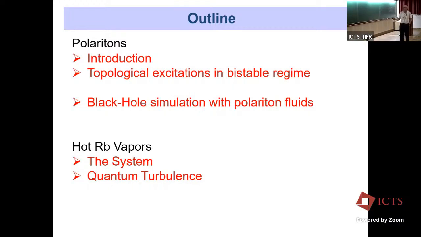Then I will show how with this polariton fluid it is also possible to build up an experiment to simulate a black hole, hopefully to observe Hawking radiation. And if I have time, in the last part of the talk, I will describe our recent experiment in a hot rubidium quantum fluid of light showing quantum turbulence.